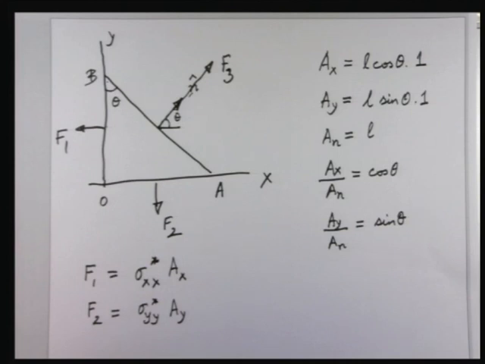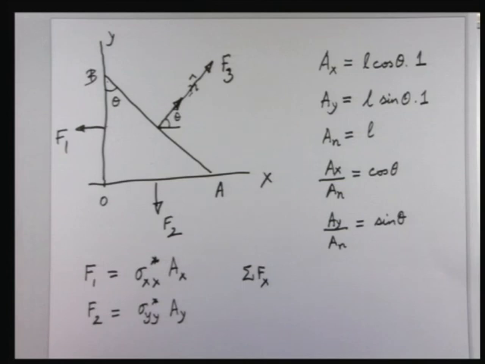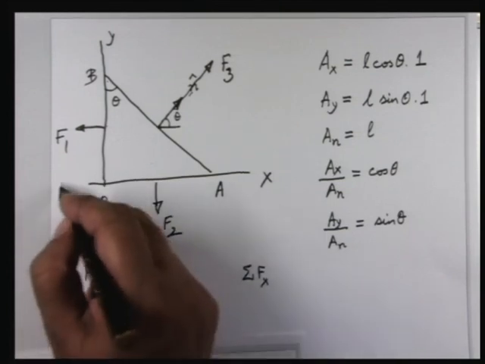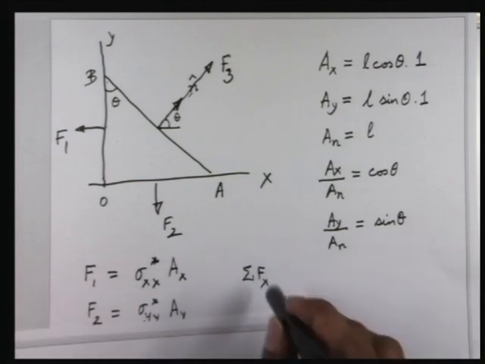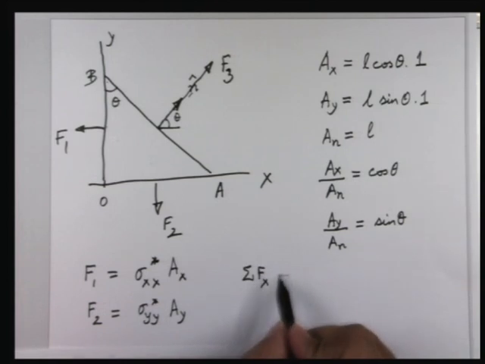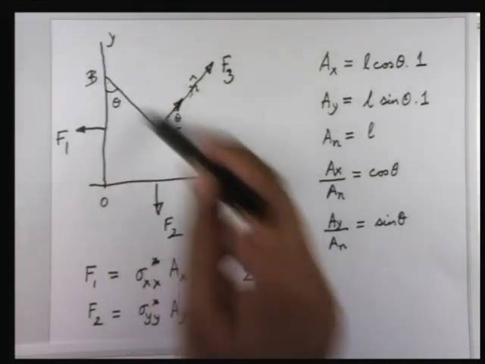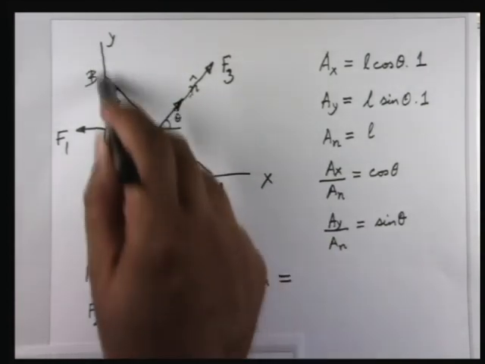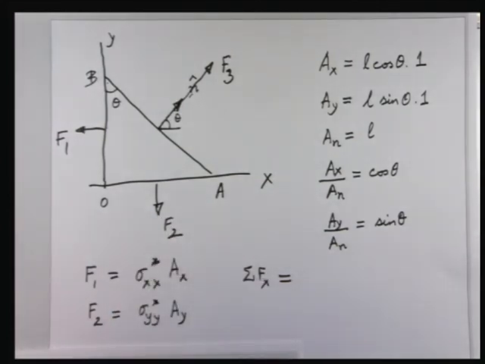Okay. So let us look at the sum of the forces in the x direction, which is acting on the fluid element. Now I started by taking the y-axis vertically upwards. So the body force is in the y direction. It has no component in the x direction. So if you look at the sum of forces in the x direction, you are going to get a contribution from this face OB and this face AB. The surface forces are on these two. The surface force on OA is in the y direction, so it will not contribute to the sum in the x direction.